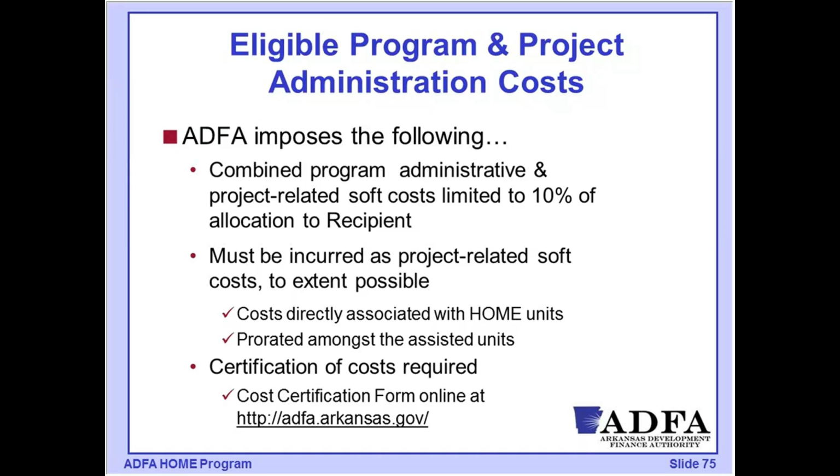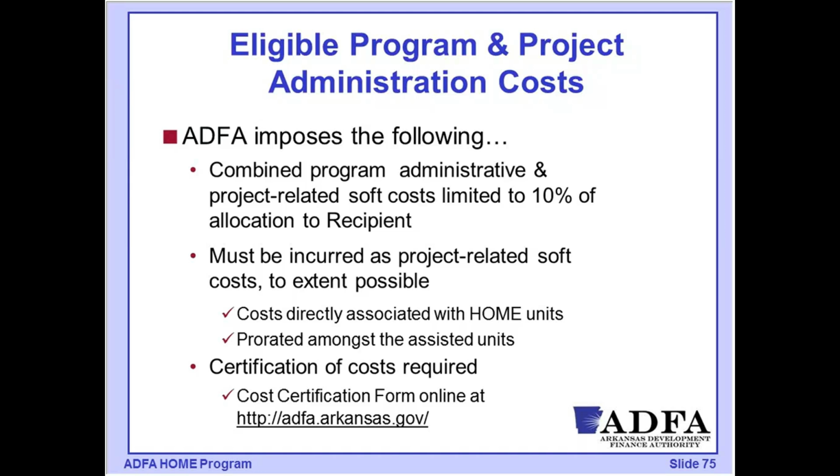Keep in mind that costs that are going to be reflected as project-related soft costs have to be directly associated with HOME units. So you'd have to be able to break those costs down and show how they were attributable to specific HOME units.